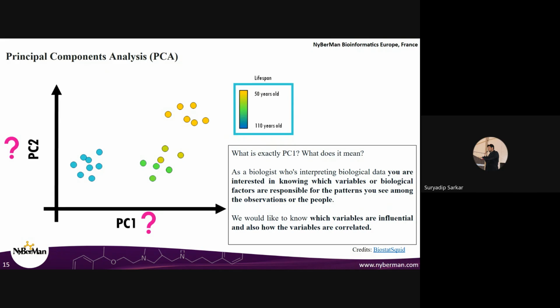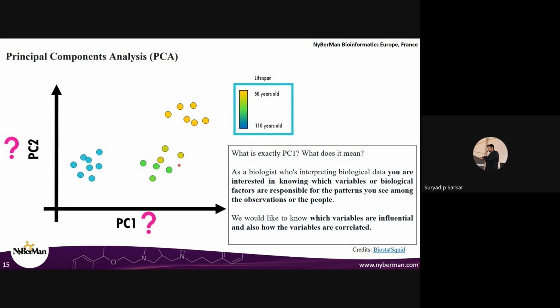So if I ask you what exactly is principal component one, what does it mean? It would be very difficult for you to answer. You are a biologist who is interpreting biological data. You are interested in knowing which of the variables or features that you saw out of blood pressure, cholesterol, heart rate, etc., which of those biological factors are actually responsible for the patterns we see among the observations or the people.